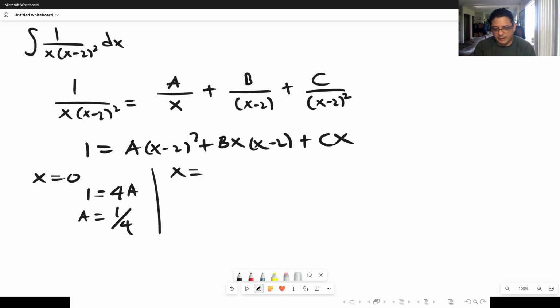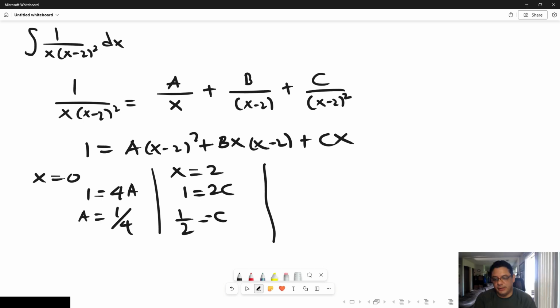And if I give x equals 2, then I only get 1 equals 2c, and then c is equal to 1/2. And if I'm out of roots, then I can pick another easy value that is going to help me find this quickly. So for example, x equals 1.